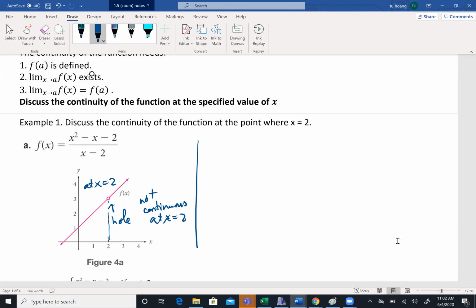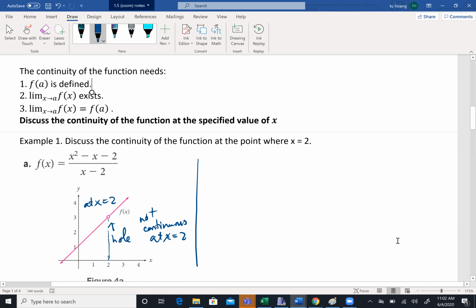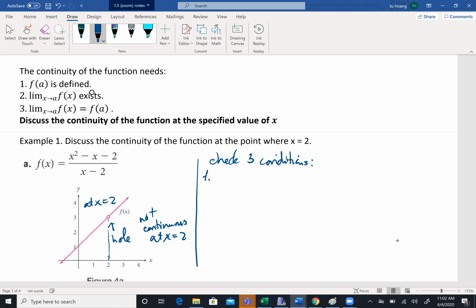How about if I don't provide you the graph, how can you do that? You're going to check 3 conditions. Number 1, f(a).